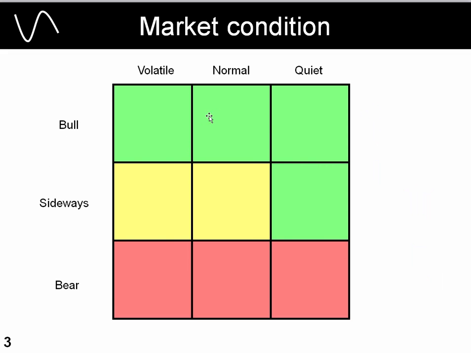Now, if you have a strategy for classifying markets, and I covered that in our workshop, in this case, my market condition assessment tells me that when I'm in any kind of bull market, volatile, normal, or quiet, and a sideways quiet, I have a reason to believe that tomorrow on average is up, and therefore I am inclined to hold positions overnight unless I have a reason not to.